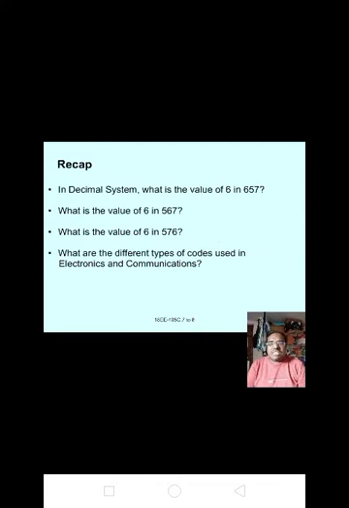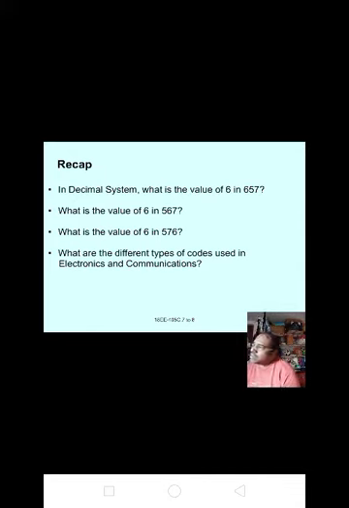In the decimal system, what is the value of 6 in 657? Which place is it? Third place.